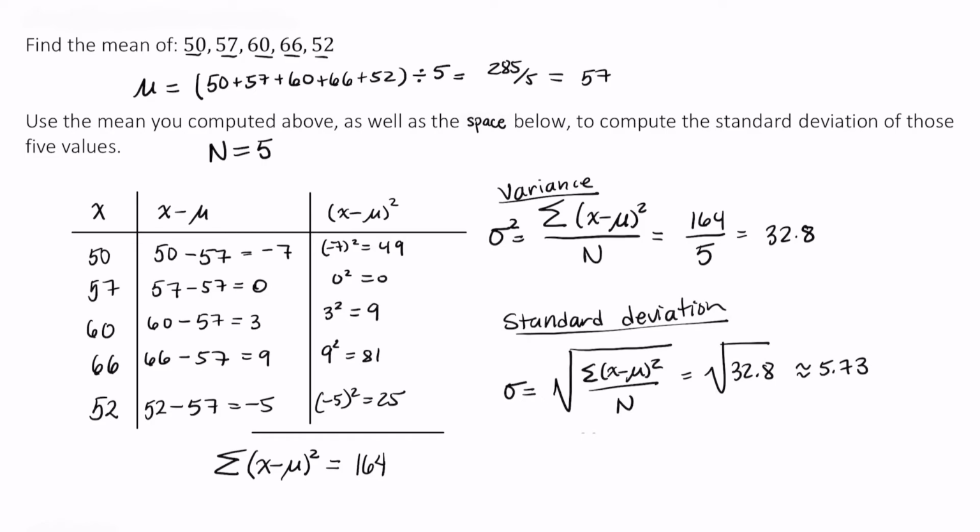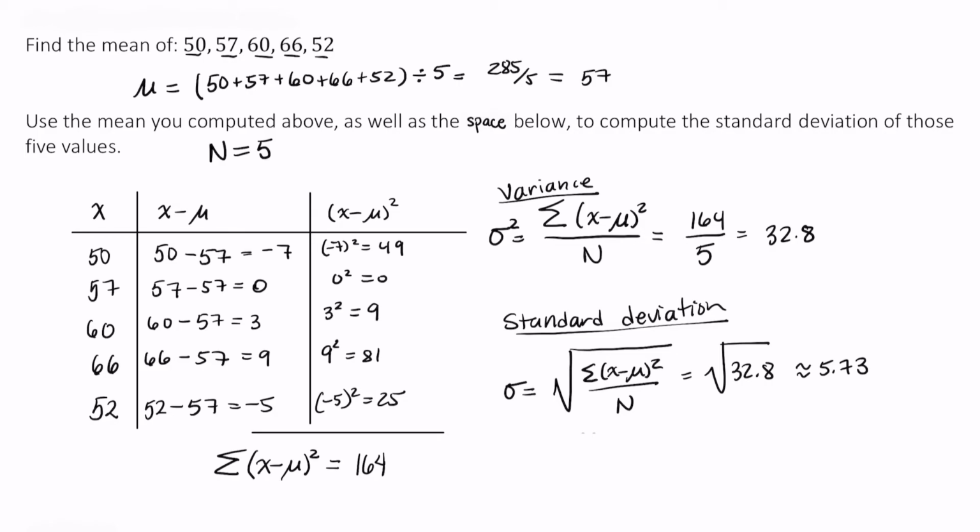So using this value, 5.73, we know that on average, values deviate from the center, that is from the mean, about this much. Now, as we'll learn, that doesn't mean all the values are exactly this far away from the center, and it should be clear from this computation that it's not exact. But this will help us determine where most data should lie if it follows a particular distribution.